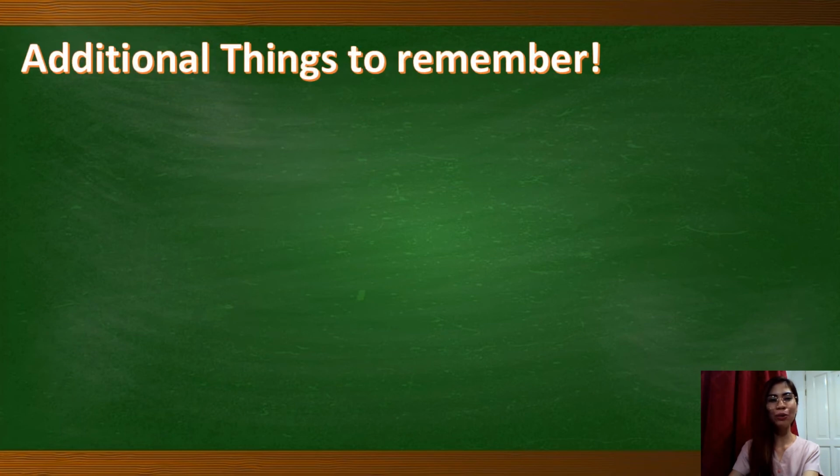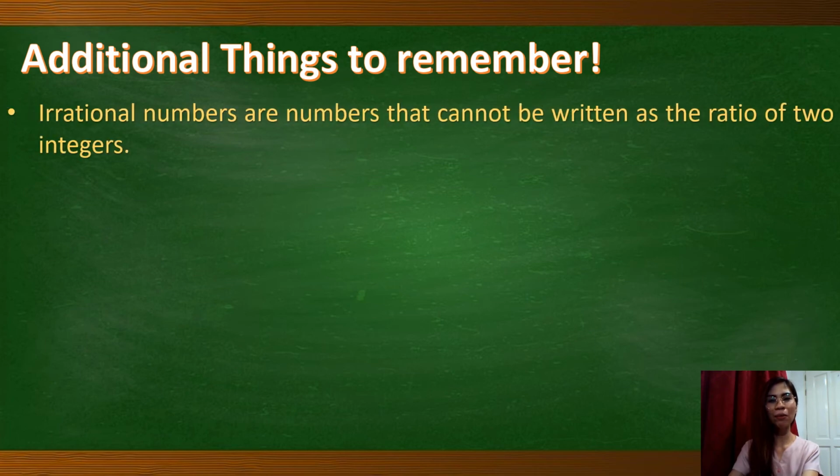Another thing that we should remember is that there are numbers that cannot be expressed as a fraction or cannot be written as the ratio of two integers. We have mentioned a while ago that these numbers are considered to be irrational numbers.